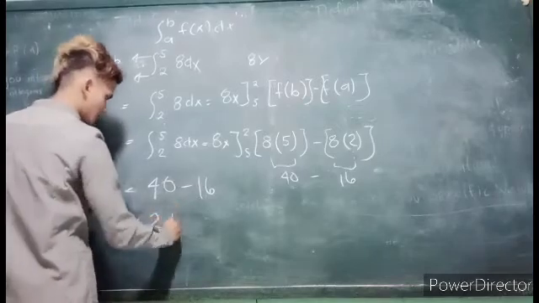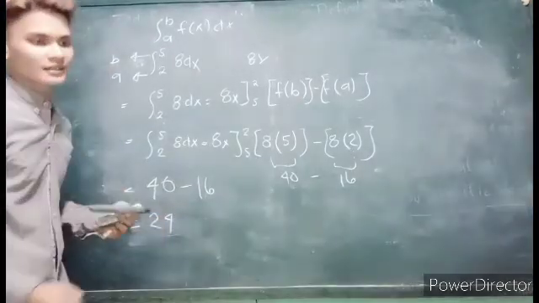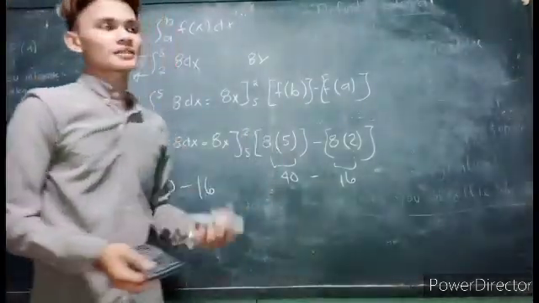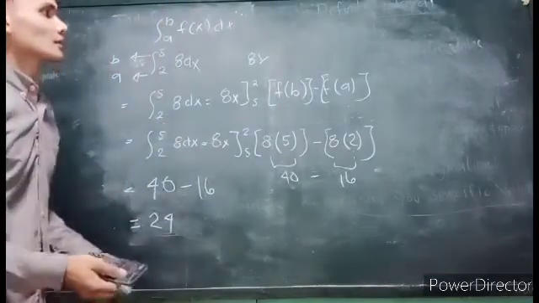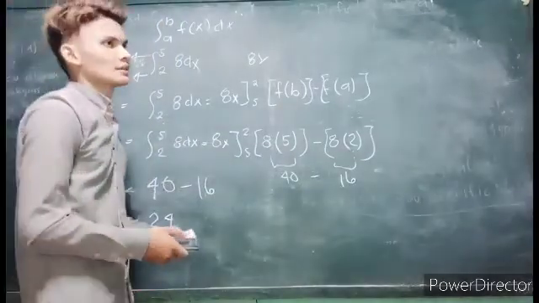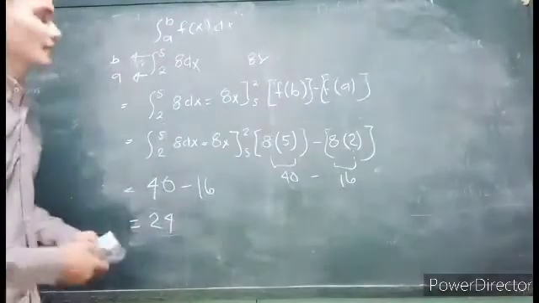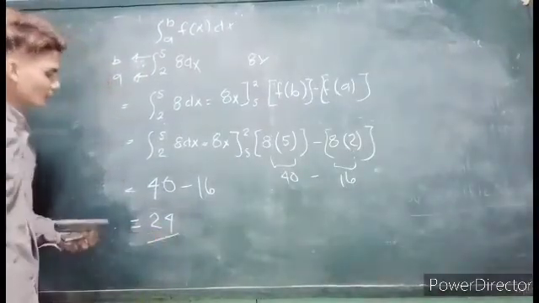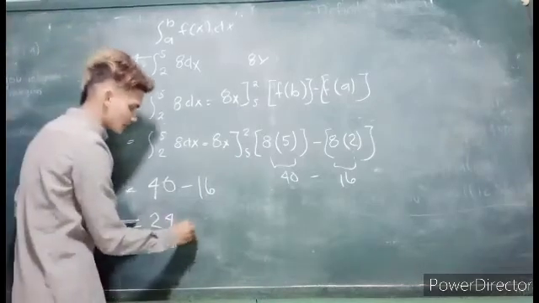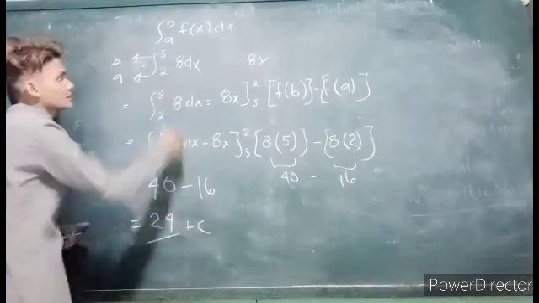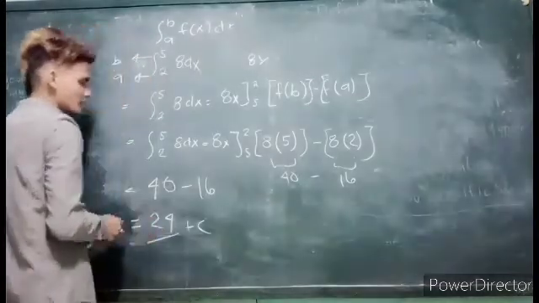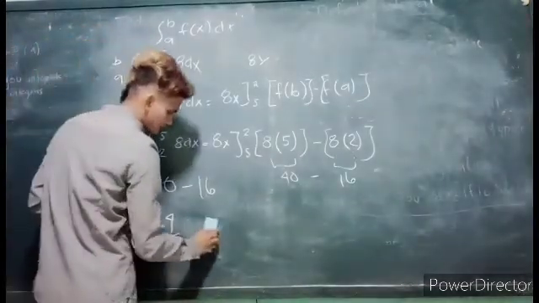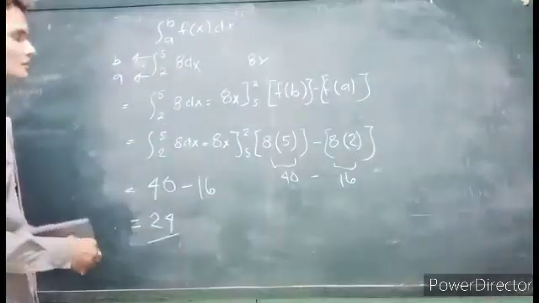As I've said, the definite integral gives you a value as the final answer. So our final answer is 24. It has no plus c, because the plus c is for indefinite integrals.